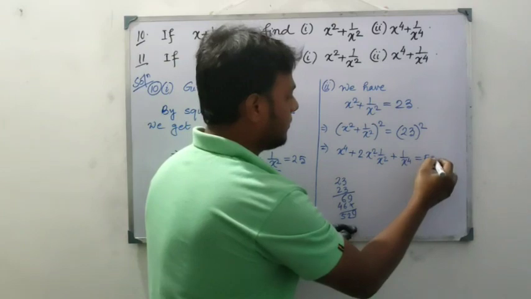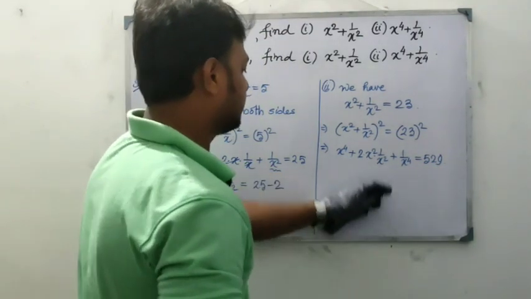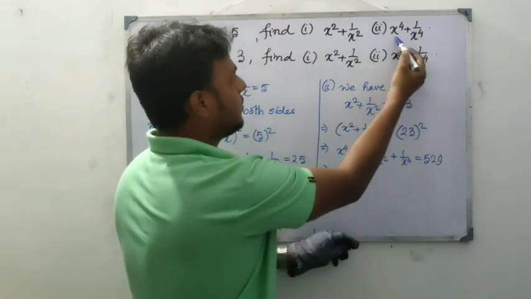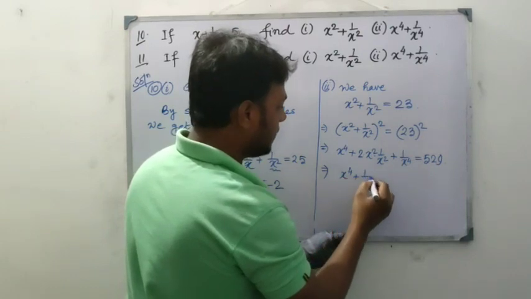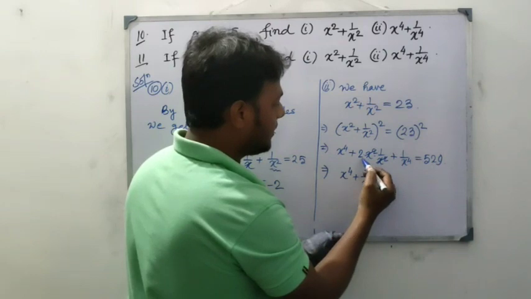Next, here we are going to find x to the 4 plus 1 by x to the 4. So make this group of x to the 4 and 1 by x to the 4. Here x square will cancel out, so only the 2 is there.